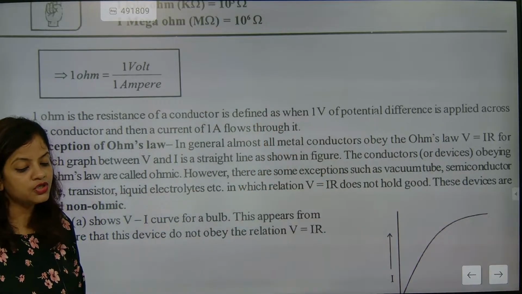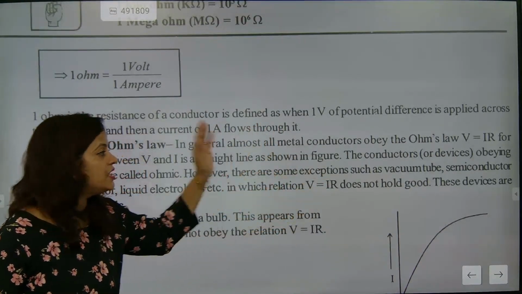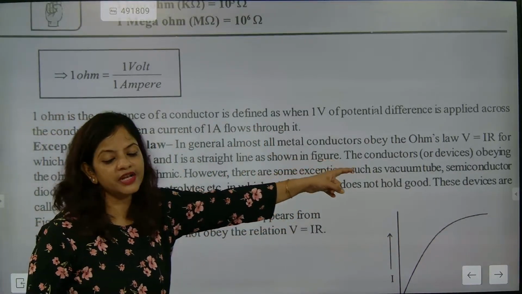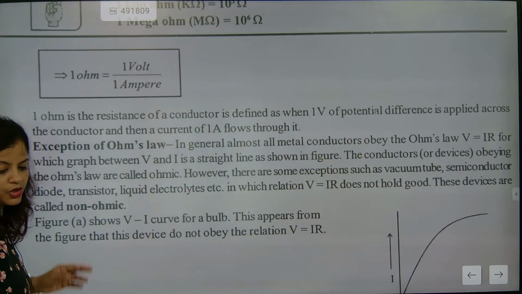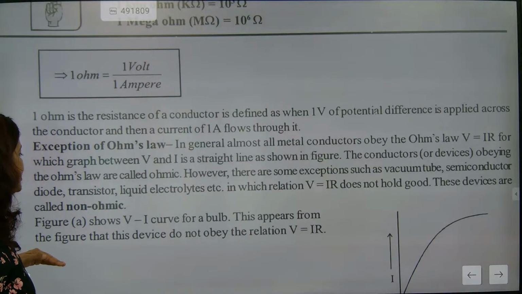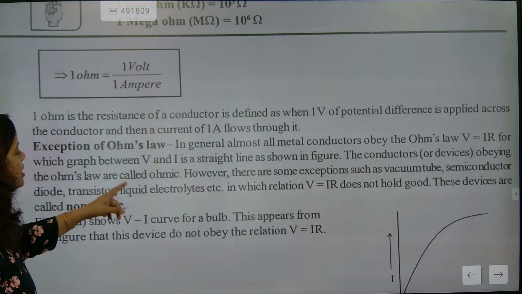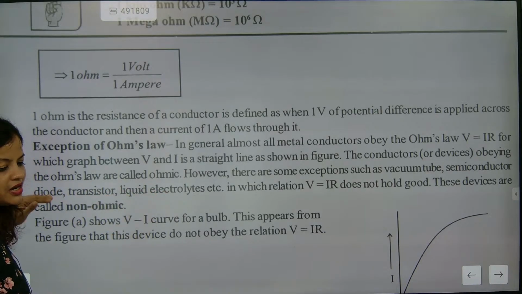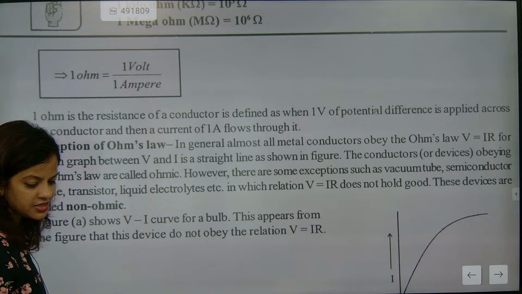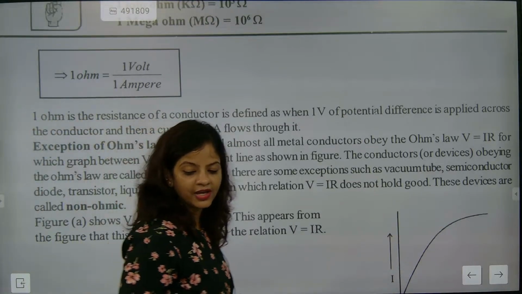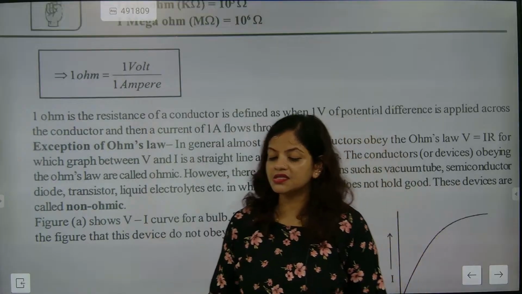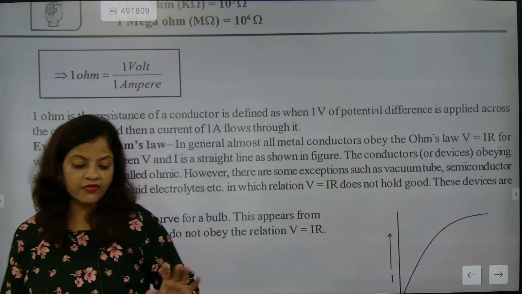Semiconductor, vacuum tube, then transistor, liquid electrolyte, semiconductor device, diode, wherever you are using them.